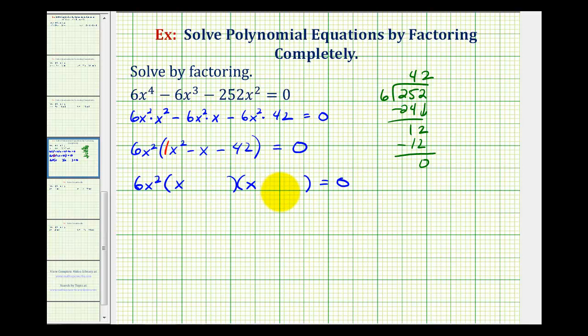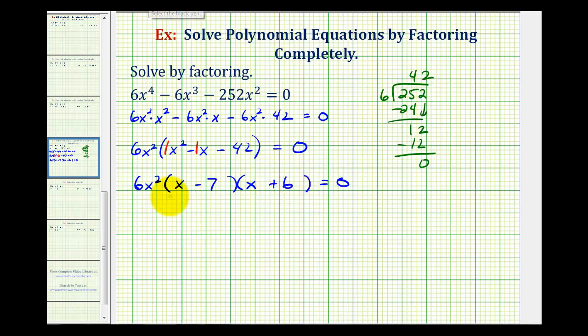And the second terms must come from the factors of negative 42 that add to negative 1. Well, that would be negative 7 times 6, that's equal to negative 42, and the sum is equal to negative 1. So that means one factor would be x minus 7, and one factor would be x plus 6.